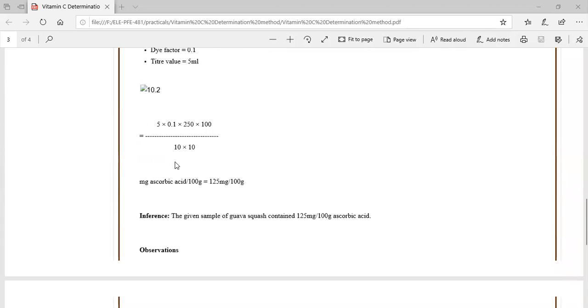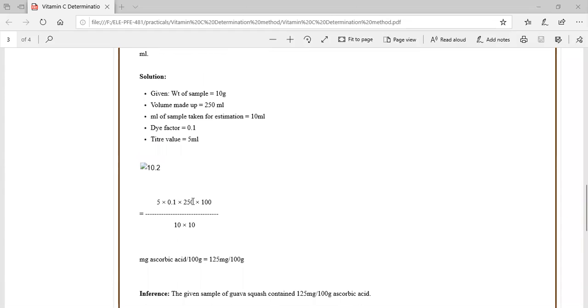So we will find out the ascorbic acid value using the formula, that is, titer value into dye factor into volume made up into 100, divided by the weight of the given sample and the aliquot of the sample taken for the estimation, which is 10 ml.